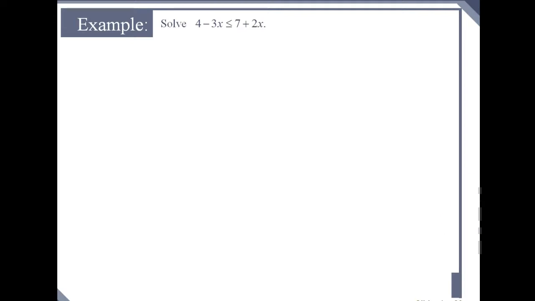So let's take a moment and do this one. So I've written it out to preserve the original. Now, recall when we were doing equations earlier, I said it's always a good thing to try to keep the variable positive. Because if you have a positive variable, then you don't have to multiply or divide by a negative and would have to reverse the inequality sign.